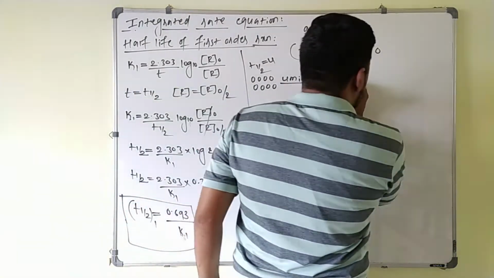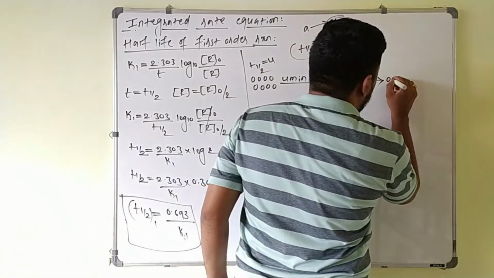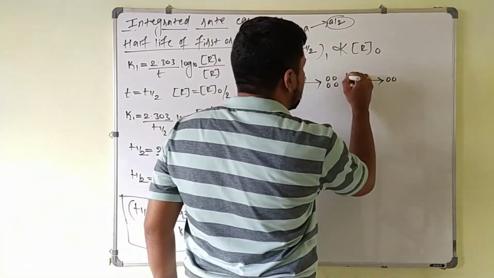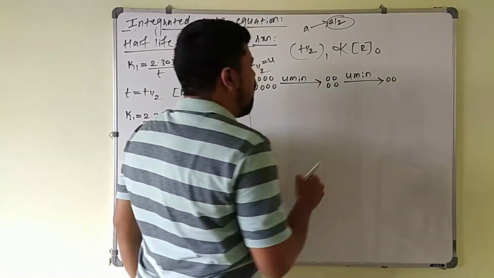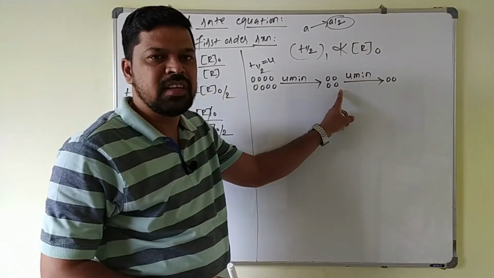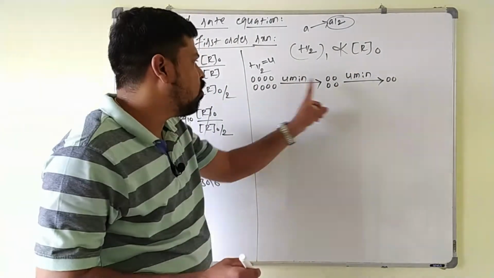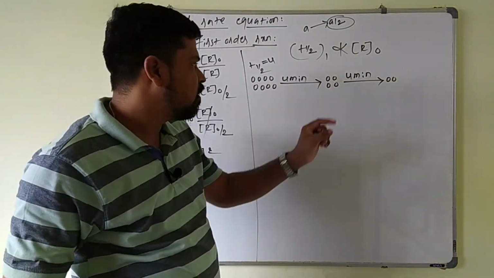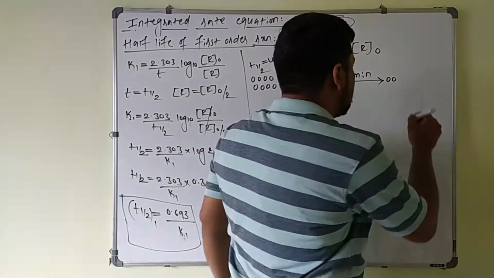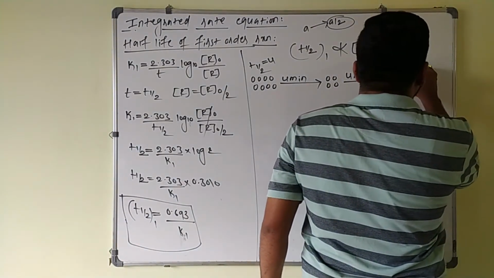Next, if I take this as the reactant, to convert 4 moles into 2 moles, how much time is required? Again it takes 4 minutes only, because half-life of the first order reaction is independent of the initial concentration. Half-life is fixed. Whatever the change in the concentration, 8 mole becomes 4 mole, again 4 minutes. 4 mole to 2 mole, again 4 minutes. If 2 mole is getting converted to 1 mole, again it will take 4 minutes only.